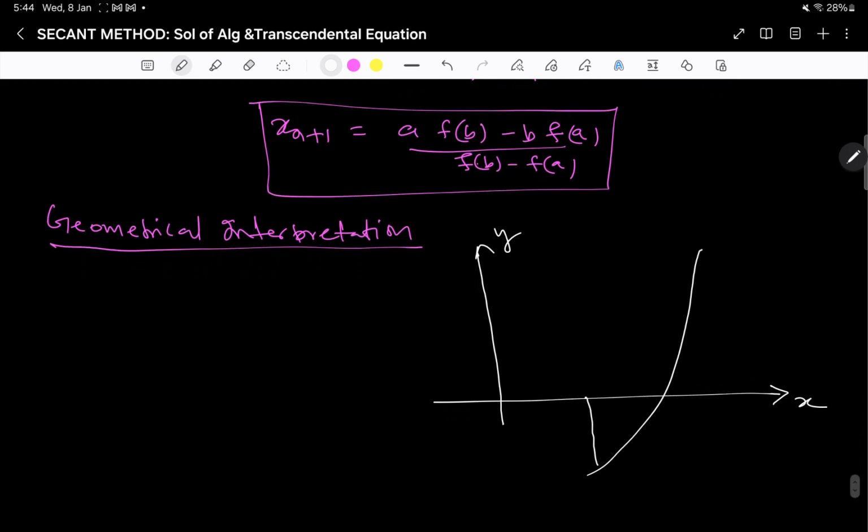Suppose this point is a, with coordinates (a, f(a)).